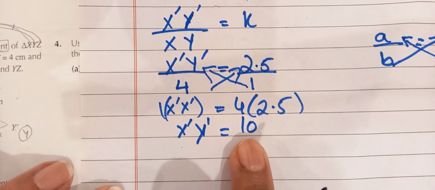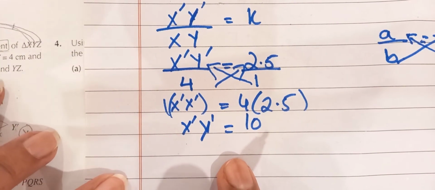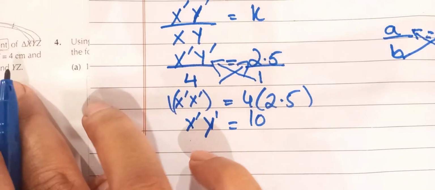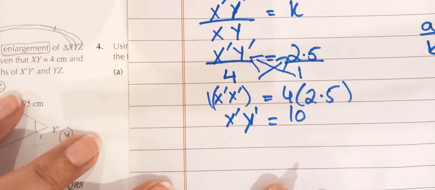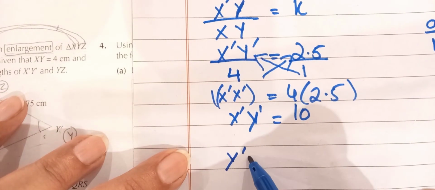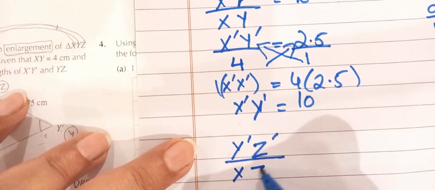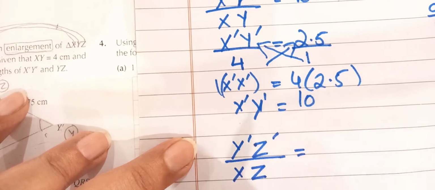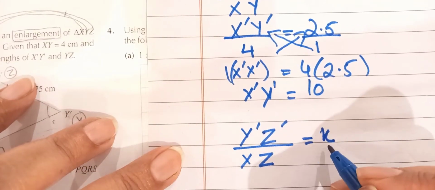Now they have asked us to find the value of yz. The same steps I shall take. I will write y dash z dash in the numerator, yz in the denominator, and k, the constant or scale factor.